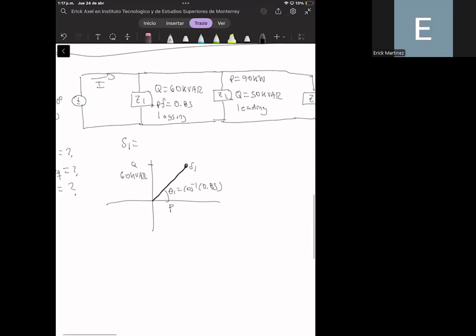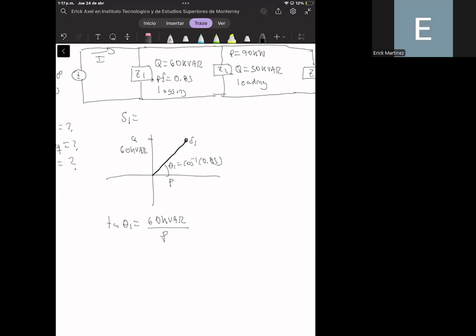But you can use trigonometry to know the real power, because we know that the tangent of theta 1 is equal to the opposite side, that in this case is the 60 kilovars, divided by the adjacent side, that is the real power.